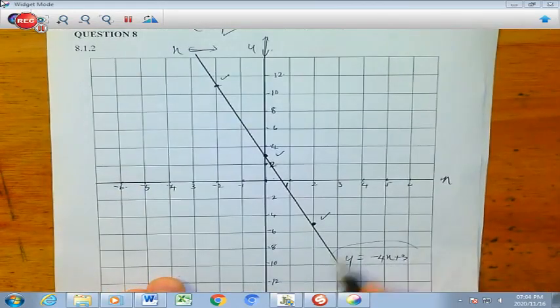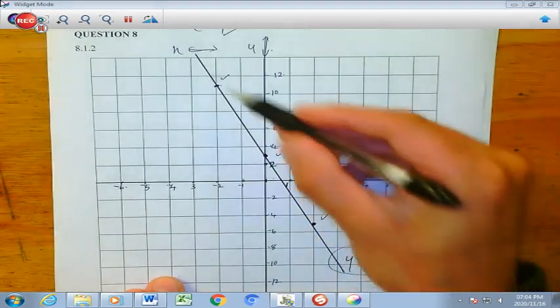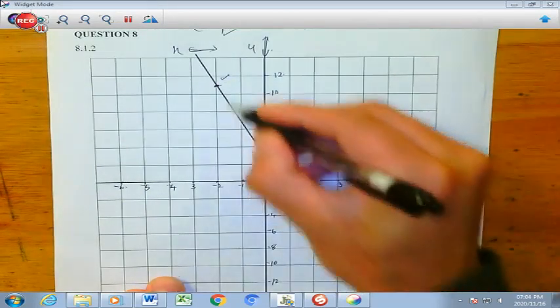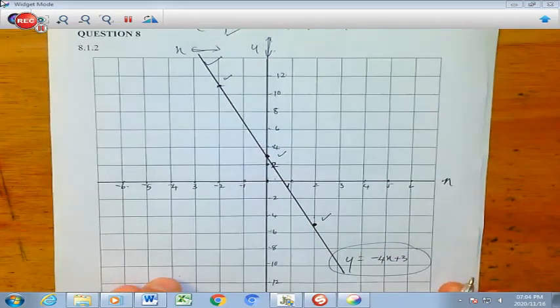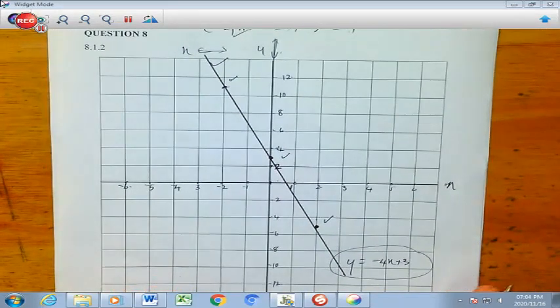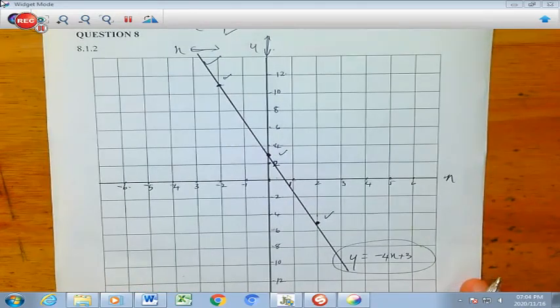And that is my straight line graph that I have there. So a mark for each of the correct points and another mark for the straight line that you draw through each of the 3 points to connect those points in a straight line. Alright, that's how you plot your graph.